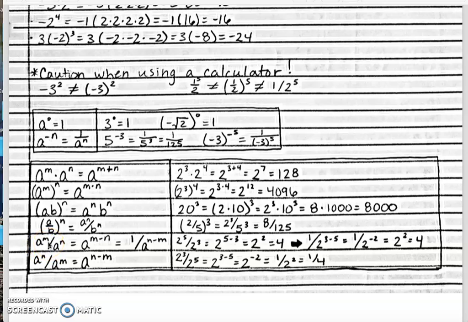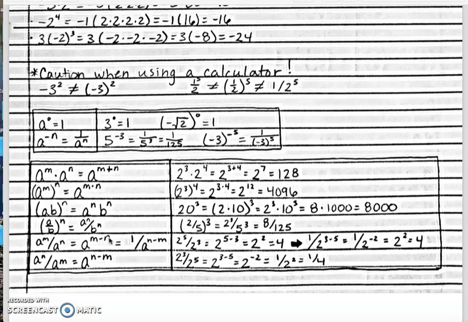If I have a fraction, say a to the m over a to the n, that's the same as subtracting your exponents. I will tell you that it's best to do the subtraction by moving to wherever the largest exponent is. Okay, so if I have a to the m over a to the n, I'm assuming m is larger than n, so it becomes a to the m minus n.